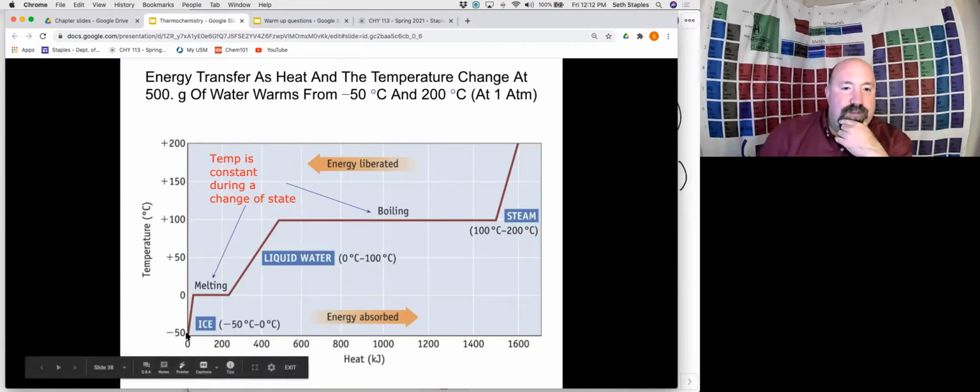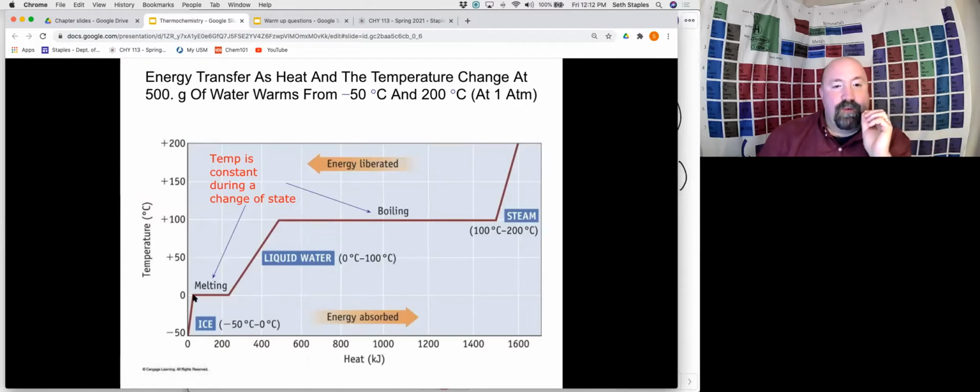And so we talked about the fact that as we're just warming something up, the energy goes into warming that substance up until we reach the melting point. So if we're talking about a solid, until we reach the melting point, at which point all of the energy goes into actually changing the phase.